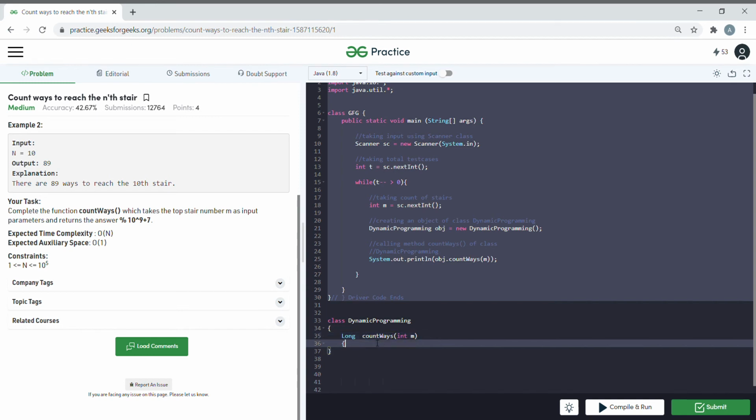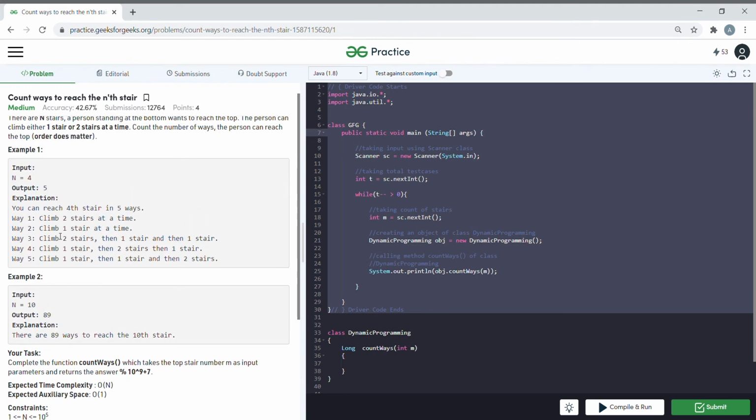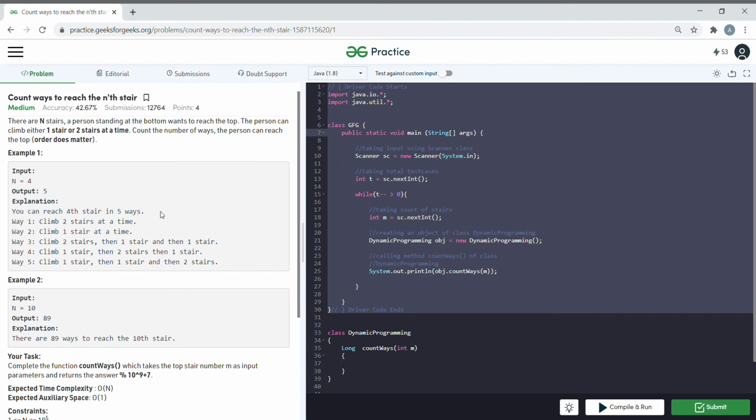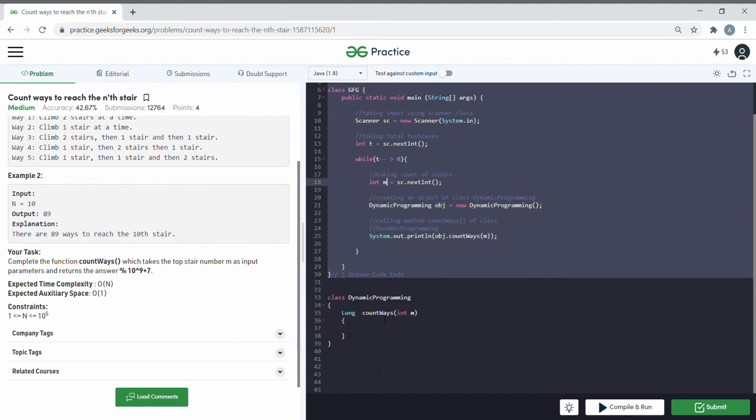Before getting into the solution, here are the driver code cases: a number of test cases is taken as input, and while the test cases count is not 0, we run it, get the value of m, and call the method. It's simple, and there isn't any other problem with it.